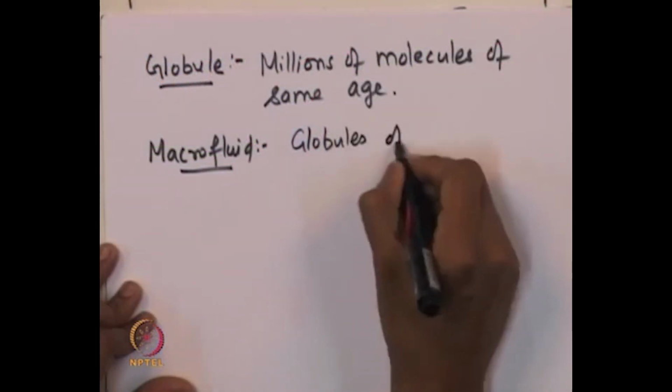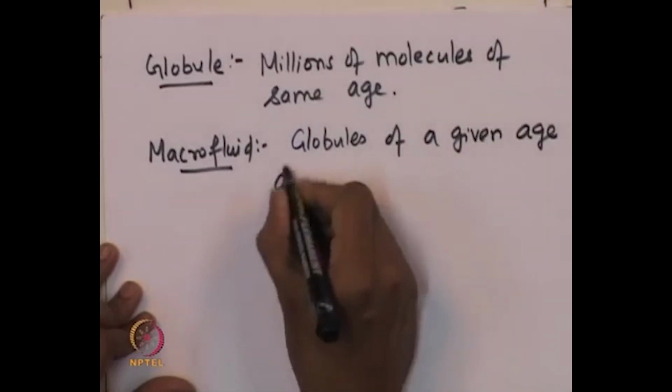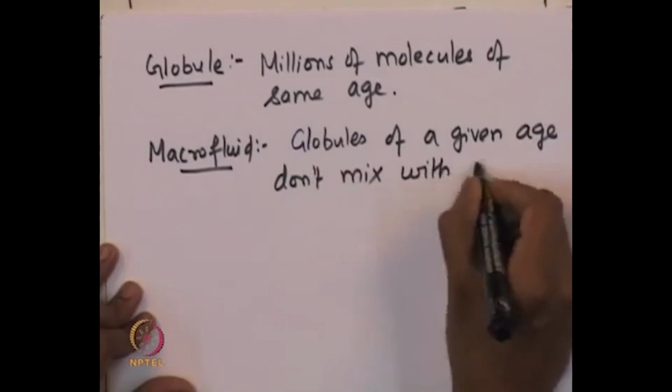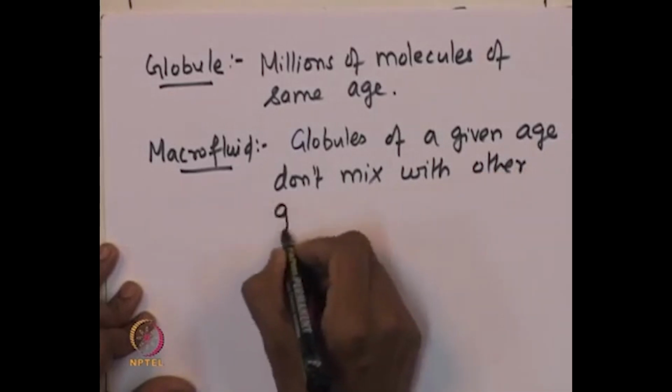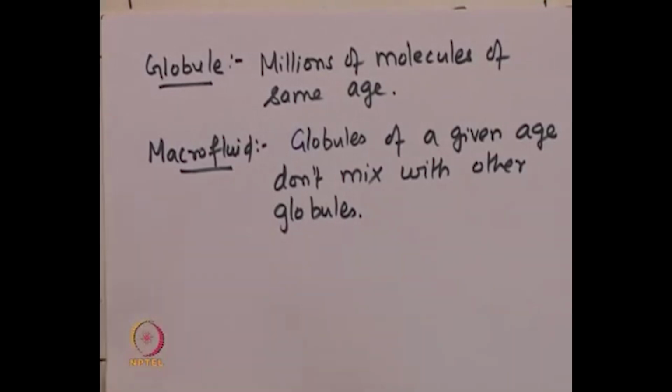A macrofluid is one in which these globules are distinctly and independently present and do not interact with each other. So, macrofluid: globules of a given age do not mix with other globules, which means these are essentially non-coalescing globules.